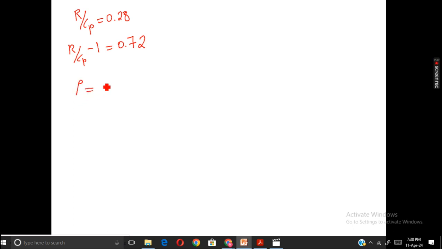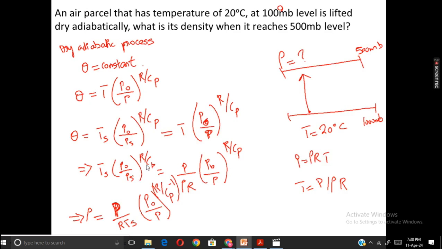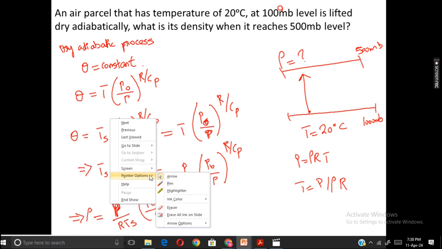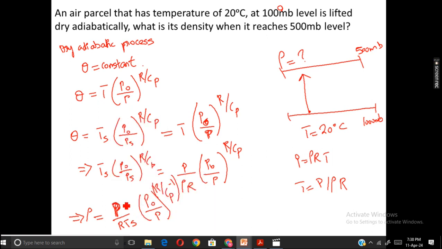So rho will become Ps by R Ts into (Ps by P) raised to R by Cp minus 1.